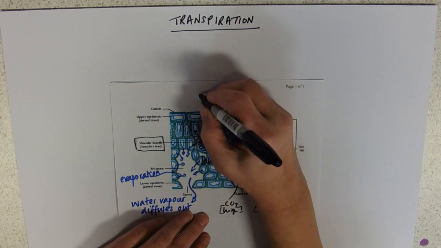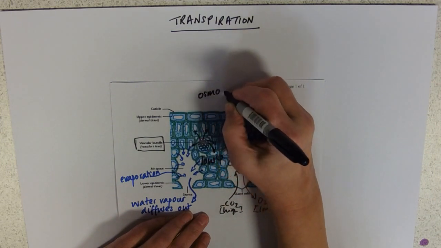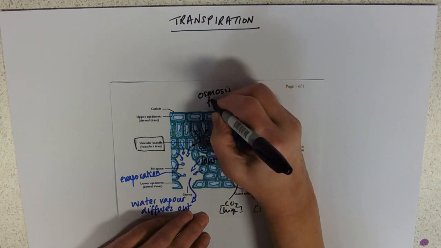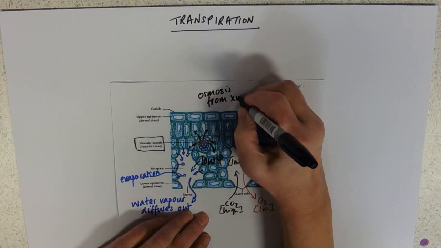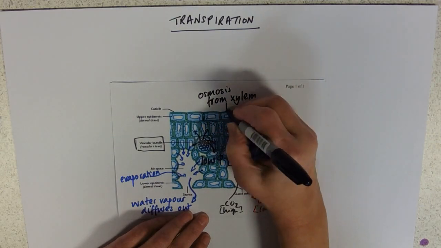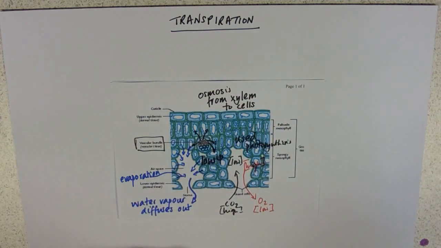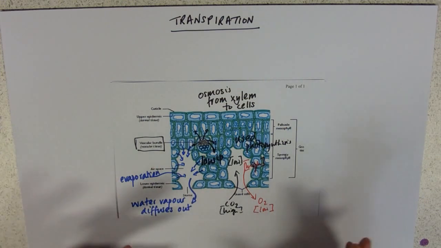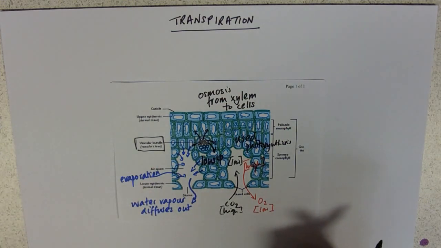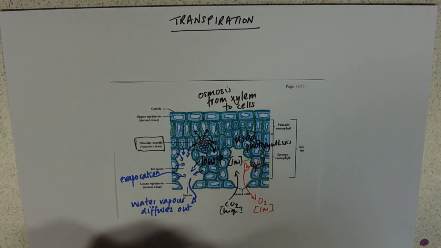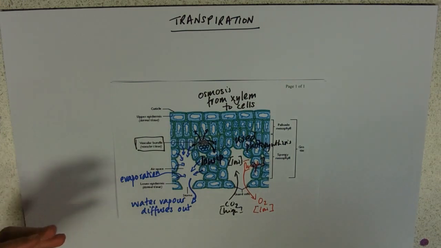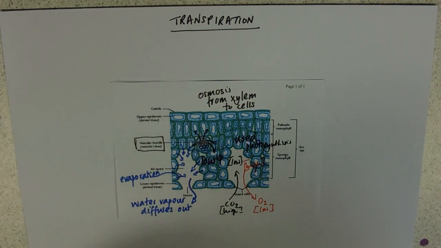So this process here would be osmosis from the xylem to the cells. Now remember those three pathways that water can take between cells: the apoplast pathway in the cell wall, the symplast pathway through the cytoplasm and plasmodesmata, and the vacuolar pathway from vacuole to vacuole.